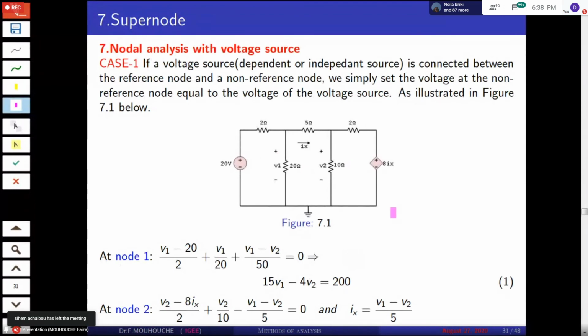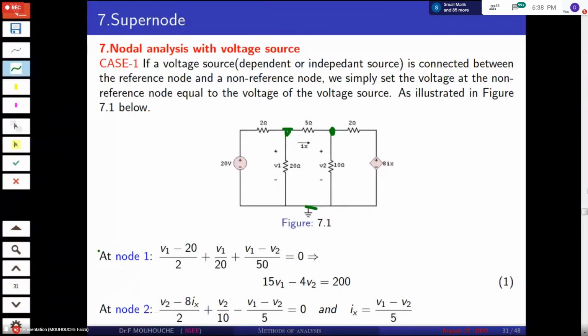Case one: if a voltage source, dependent or independent, is connected between the reference node and a non-reference node, as here, we simply set the voltage at the non-reference node equal to the voltage of the voltage source, as illustrated here.